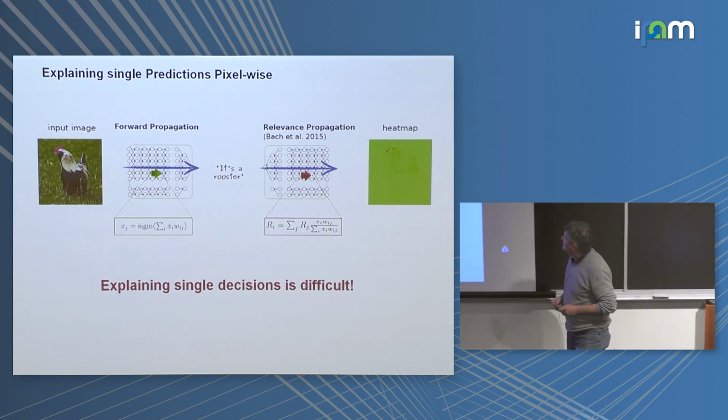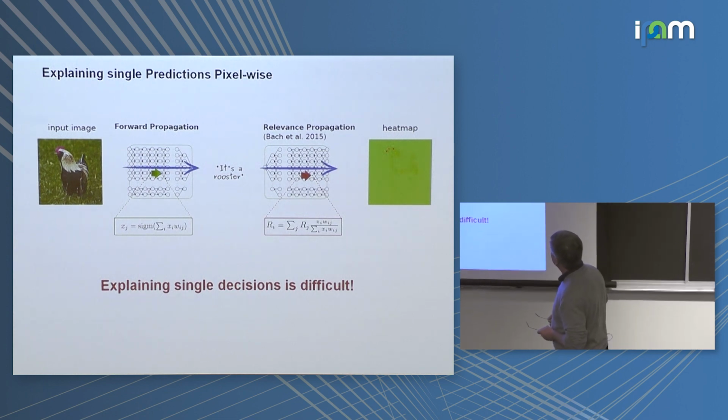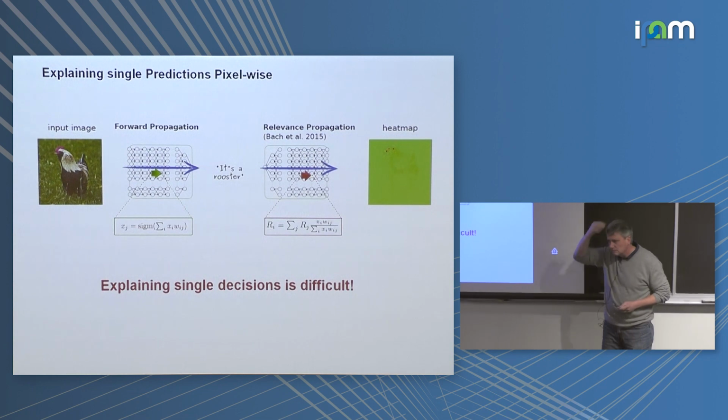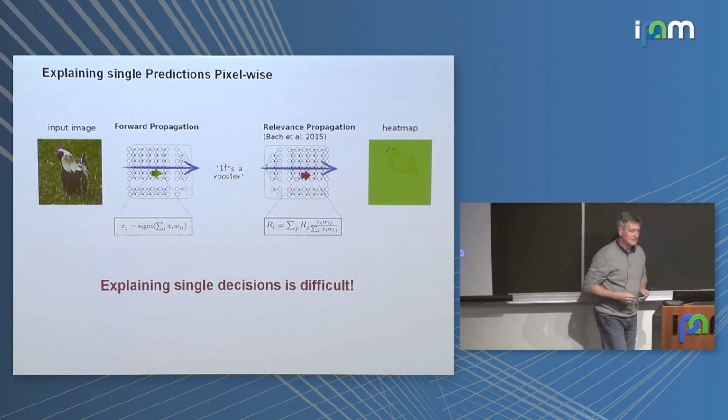And you can see by looking at the slide that it's really the rooster's comb that this model considers important.